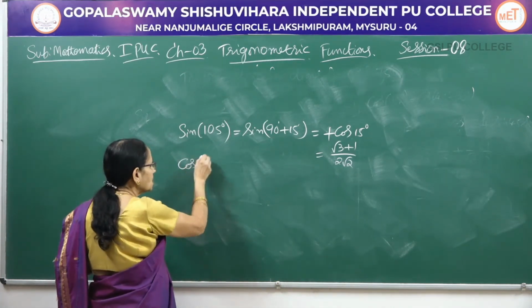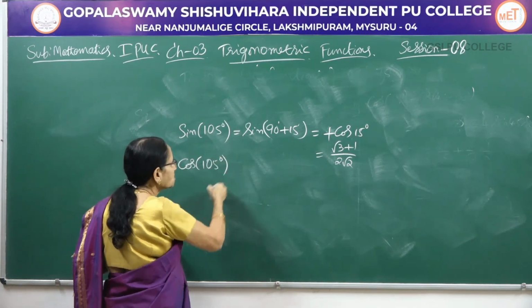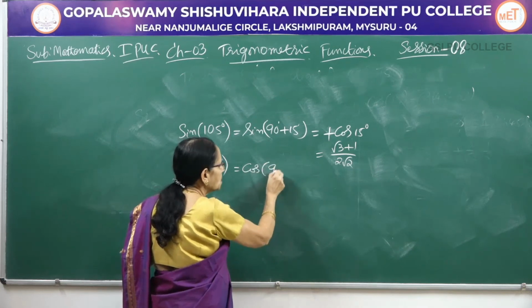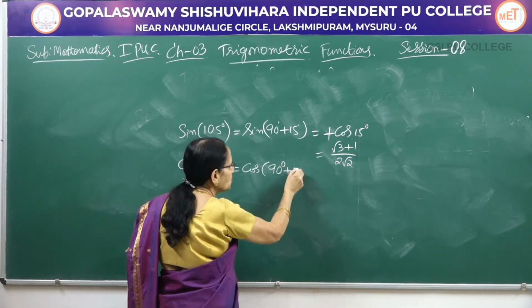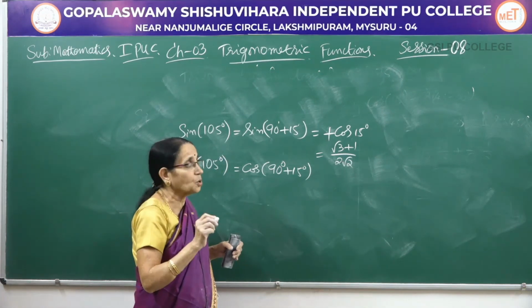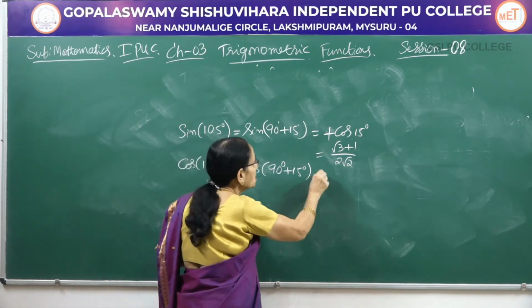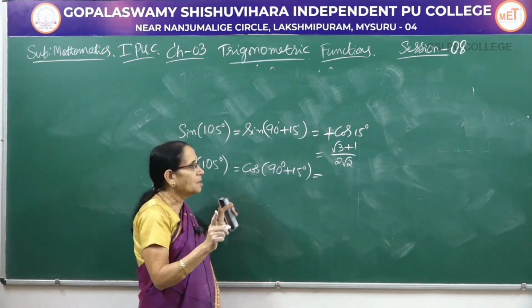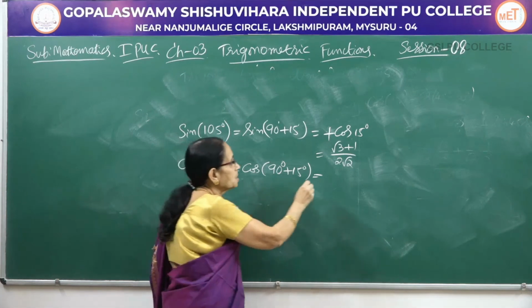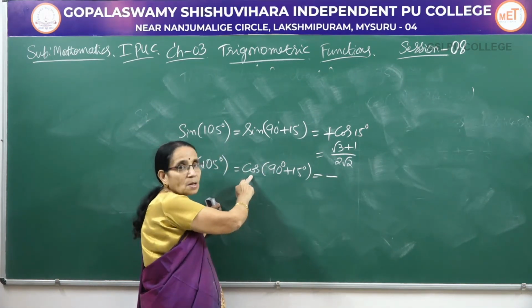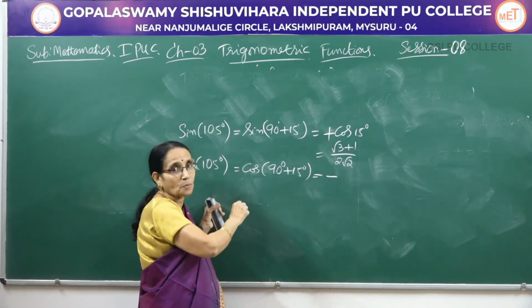Now similarly, consider cos of 105 degrees. In the same way you can split it as 90 plus 15. I am taking a different ratio here. 90 plus something is always in the second quadrant, and in the second quadrant cos is negative. The sign should be decided by looking at the given ratio.